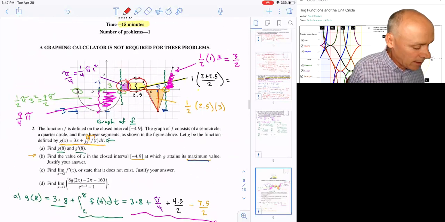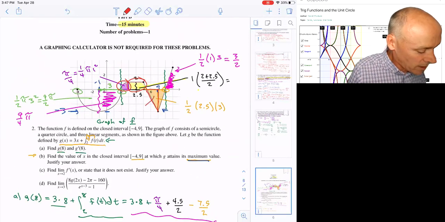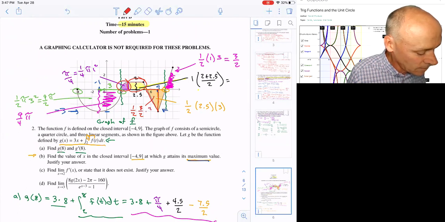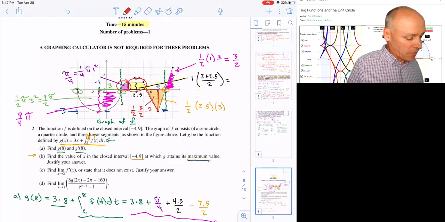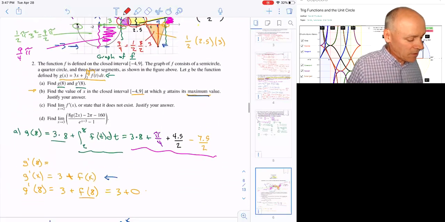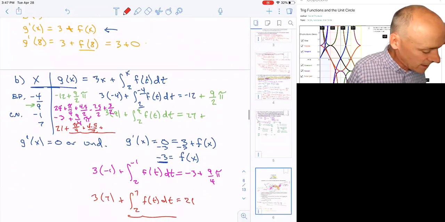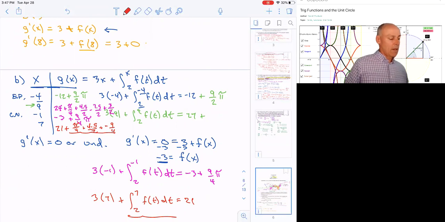And then this orange triangle is 1/2 the base, and the base here is 1.5. So I'm going to call that 3/2 times the height, which is 3. So that's going to be 9/4. Now that's negative, so I have to subtract that. So that's minus 9/4. Wow. Okay, that was a lot of fun.